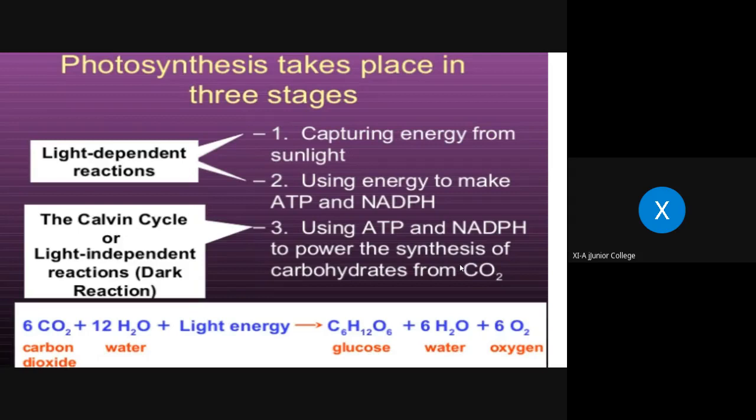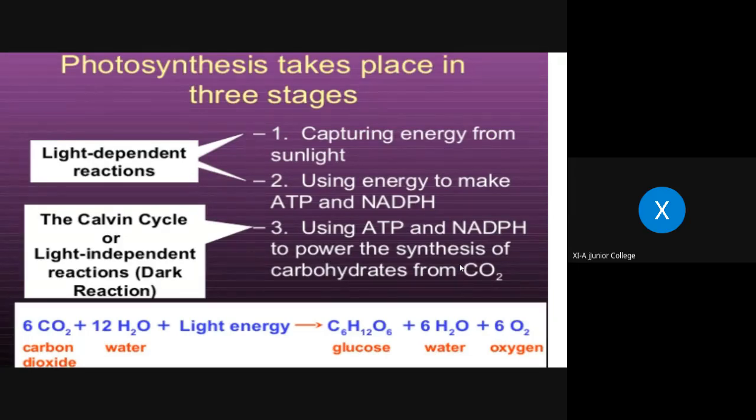Then second is what? Using energy to make ATP and NADPH. So this energy, which is in the form of light, which is captured, that is converted into chemical energy. That is, in the form of ATP and NADPH. That is called the usable form of energy. Understood? So these are the 2 steps, and the third step is what? Using ATP and NADPH to power the synthesis of carbohydrates from CO2.